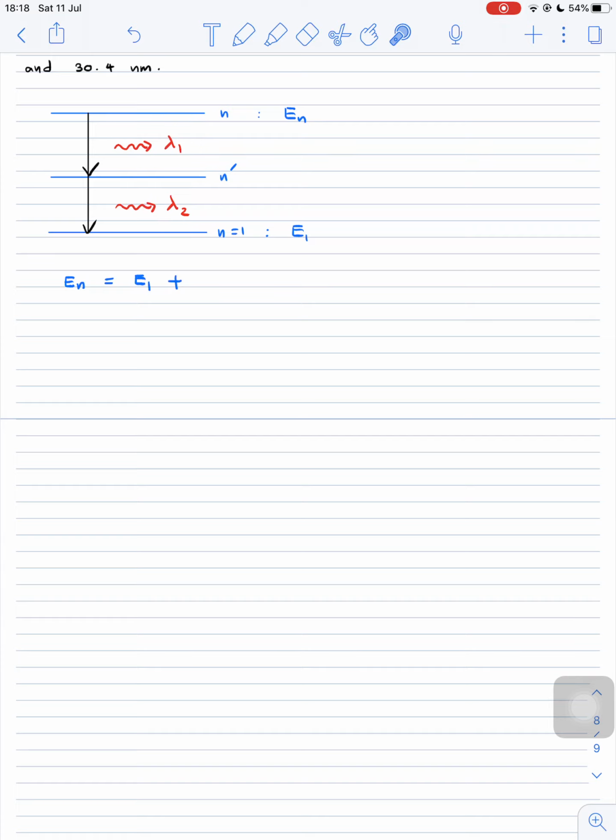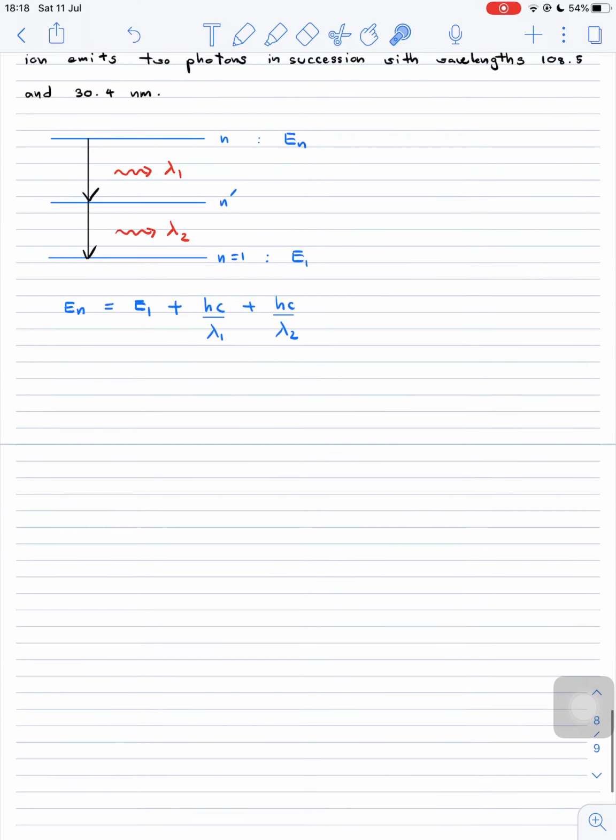Because the energy of these photons equals the difference between these energy levels. Then it's equal to hc over lambda 1 plus hc over lambda 2.